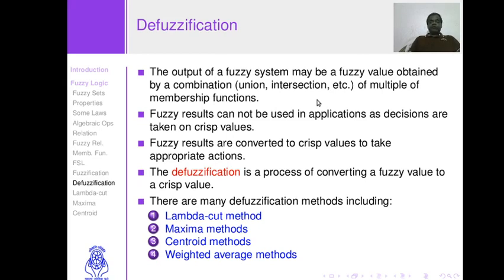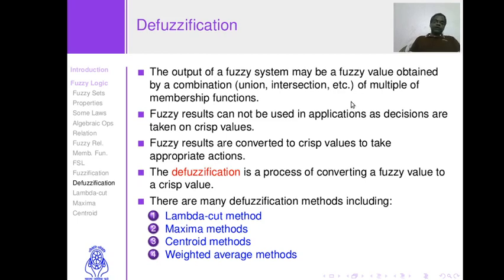As mentioned earlier, the output of a fuzzy system may be a combination of multiple membership functions. The combination may be performed in the form of union, intersection, or many other operations. As a result we get a fuzzy value, but we cannot use that fuzzy value directly in applications for taking decisions.